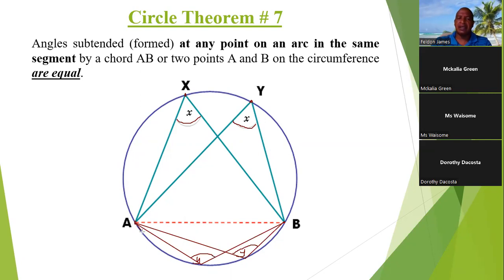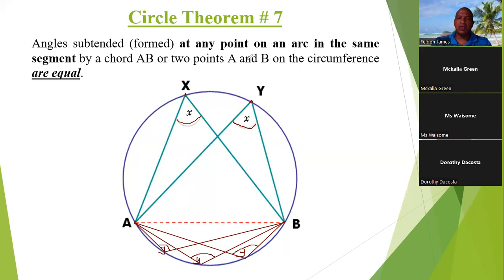So if you even form it here, and then move it back to B, so both are going from A to B, this angle here, at this point on the circumference, will also be equal to Y. And so that's what the theorem is saying.